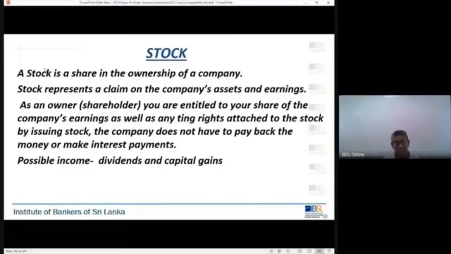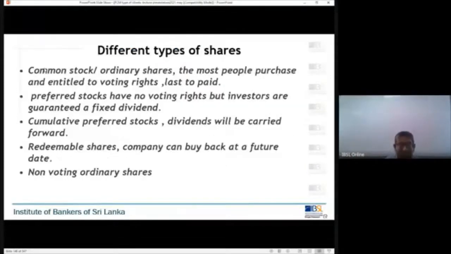The preferred shares and accumulated preferred stock holders get their money first, and finally you get yours. That is why I told you that you are paid last. So we don't know how much you are going to get. Maybe not 10 rupees, maybe less.